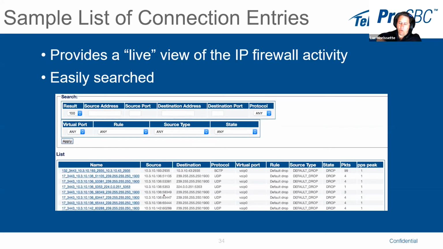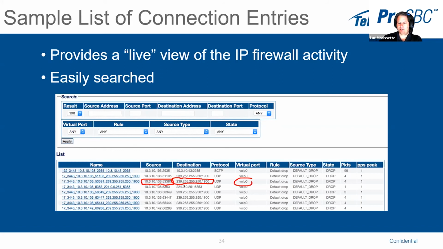Okay, so that's one way to debug a system, if you think that you should have been receiving this particular request from this source IP to this port, or from this source IP and port to this destination IP and port, on this virtual port.